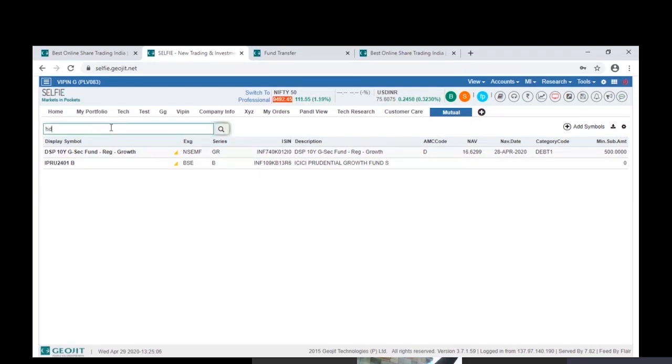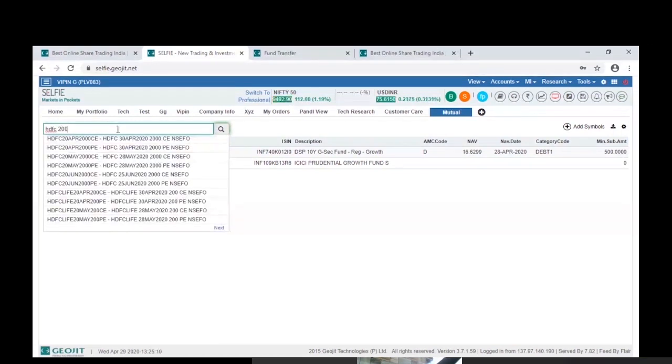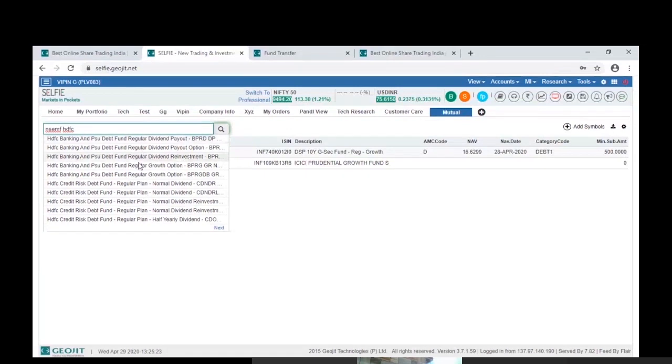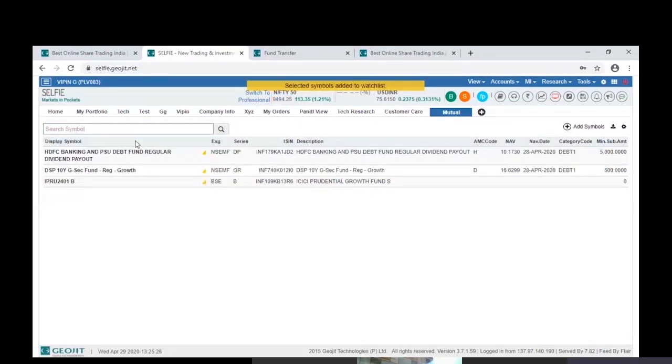Let us say HDFC. This is another fund of HDFC which has been added. You can come over here and give a buy.